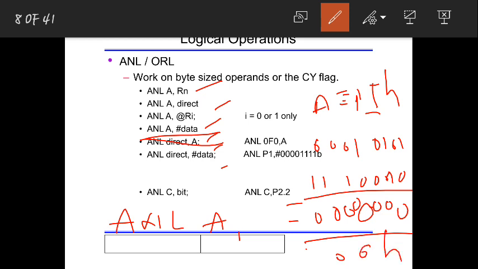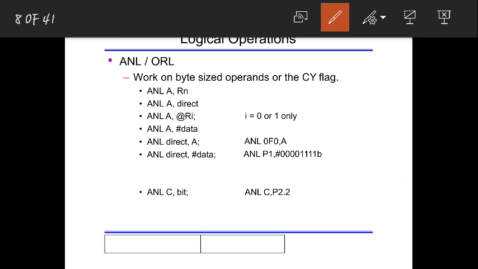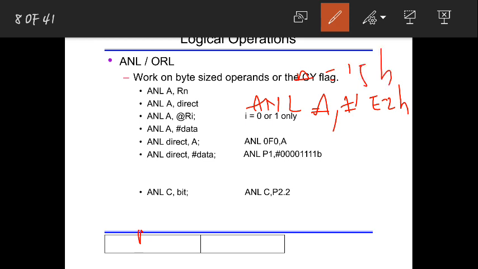So after execution of this instruction ANL A comma R0, okay, I have taken not R0, I have taken this data E2H. For this, A was equal to 15H.